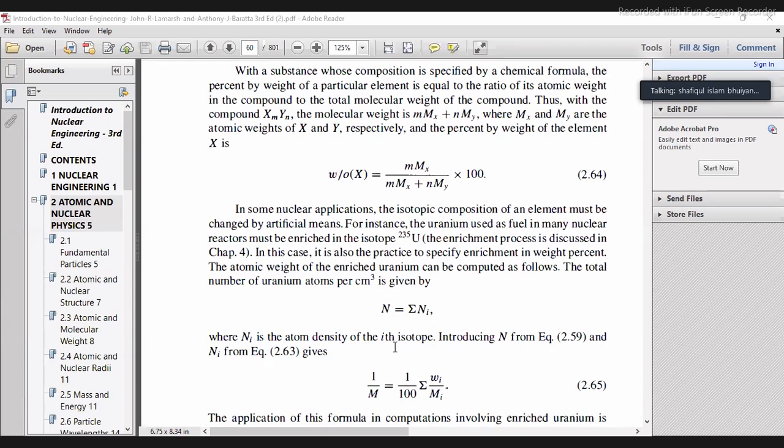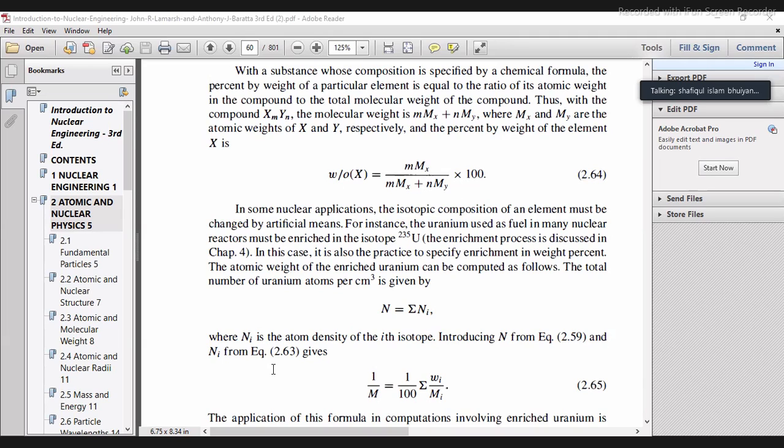Where Ni is the atom density of the isotopes, so introducing N from the earlier equation, 2.59, from this we get this relation. And Ni is the atom density of the ith isotope, and now introduce N equal to our basic equation, N equal to rho N_A by M, and Ni equal to Wi rho N_A by 100 Mi.